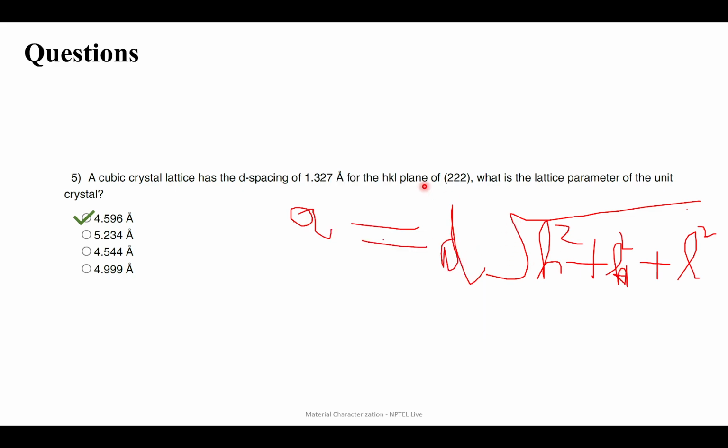If you use this formula, h square plus k square plus l square for 2 2 2 gives 2 root 3. So you multiply 2 root 3 into 1.327, and you get 4.596.